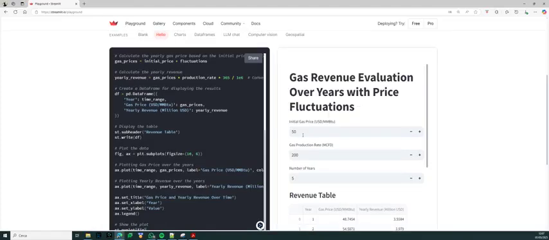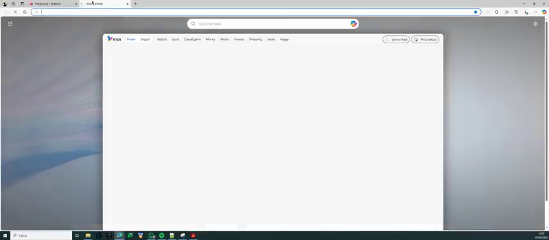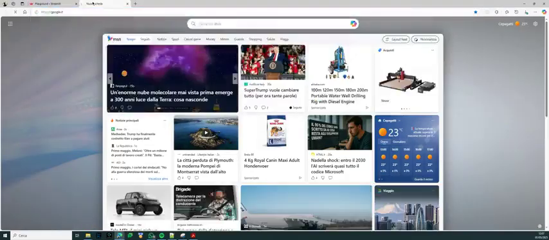Okay, we have editable parameters that can be adapted to the situation of tomorrow, of 1 week, or of 1 year. We have the initial gas price, that I think now is too high because it is simulated now.